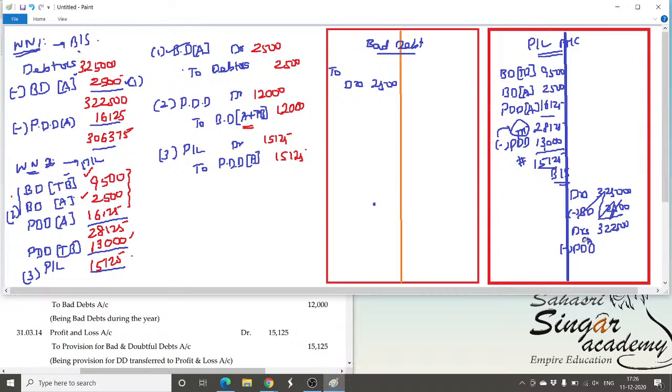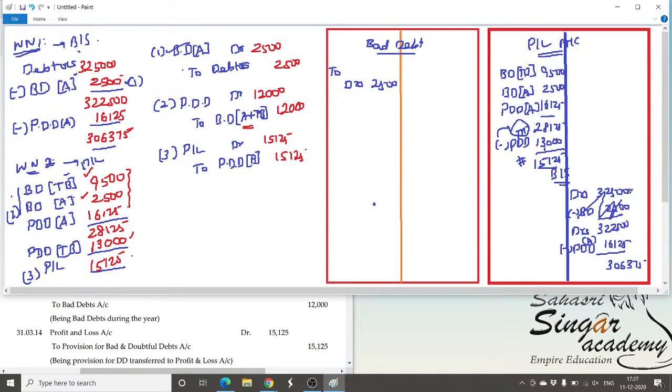PDD in the adjustment will be subtracted from here to the extent of 16,125. After that, the debtors will be 3,06,375. So we should not show the bad debt in the balance sheet because the loss is already removed. But anyhow, some people do it this way, meaning it is subtracted and shown. But you can directly post from the debtors amount 3,22,500.